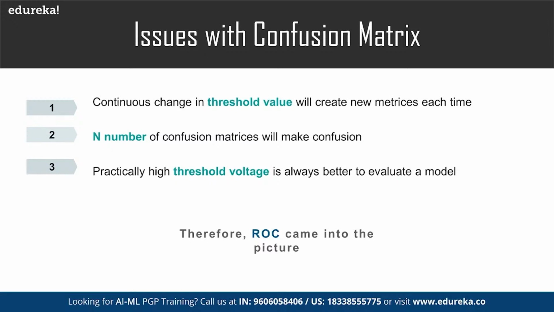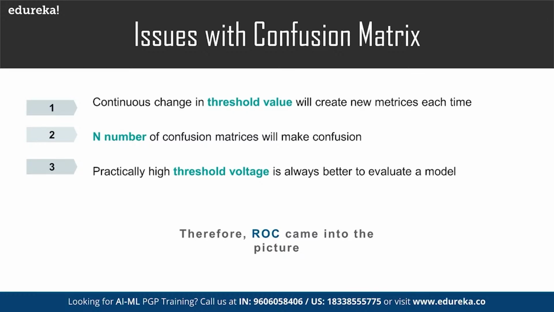And coming to the confusion matrix, continuously changing the threshold value will create new metrics each time. This is quite challenging, so that is why I would say the confusion matrix fails here. When we do not have such a scenario in place, we do not worry about it, and we go on to use the confusion matrix.